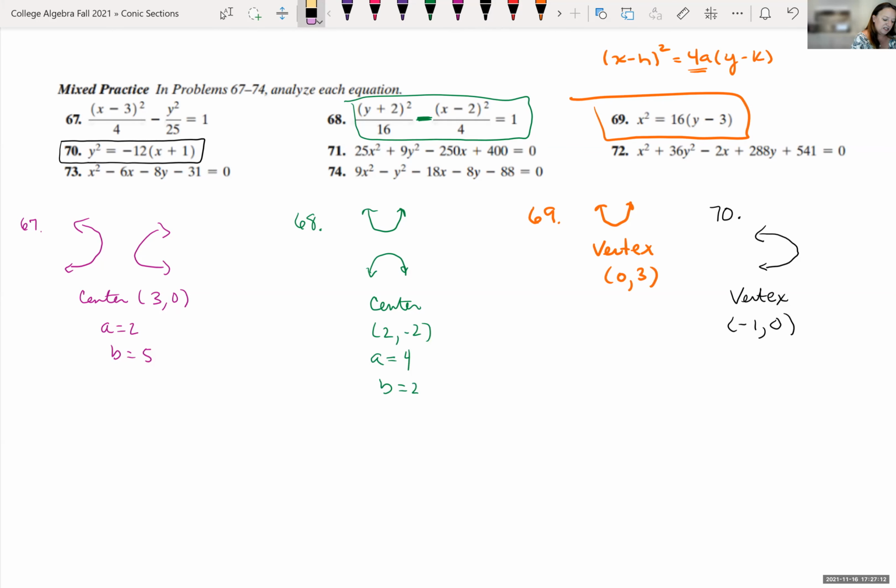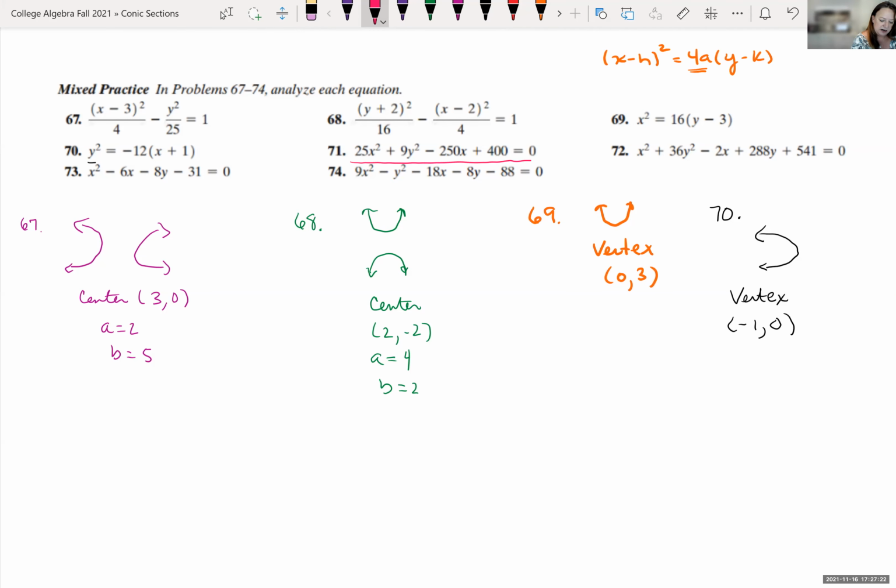Okay, 71 is not in standard form, but I still can look at that and tell what type of conic section it is. I might not be able to tell which direction right now until I put it in standard form. But looking at this, I see that I have both an x squared and a y squared, so that eliminates a parabola. That means it's either a circle, ellipse, or a hyperbola.